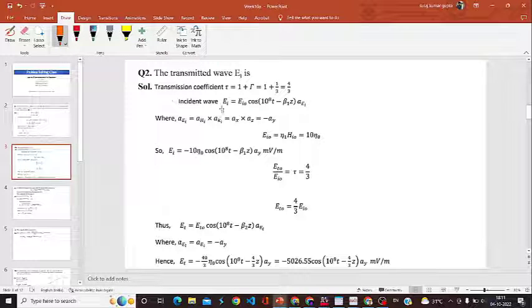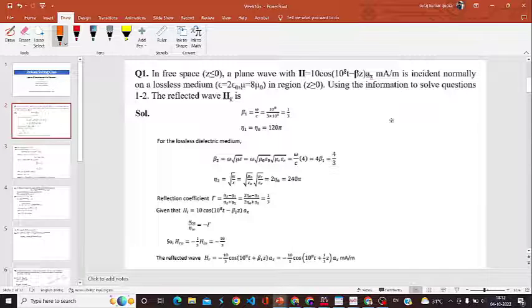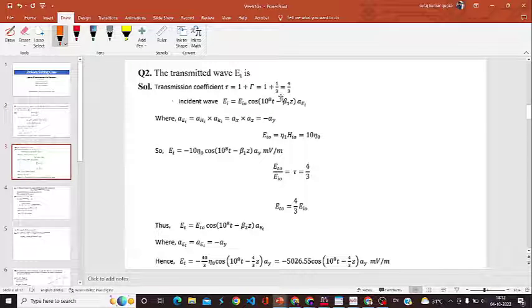The expression of the incident electric field in general is defined as E i naught cos of the same argument that you saw in the previous problem, that is 10 raised to the power 8 t minus beta z.